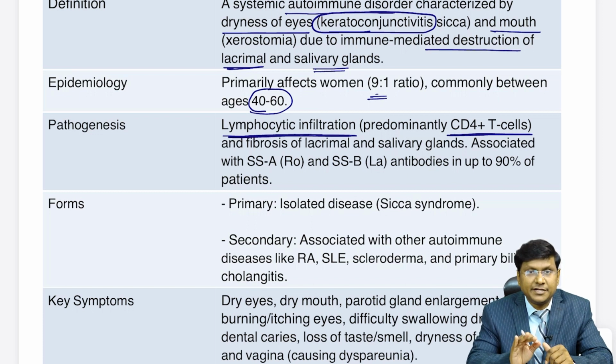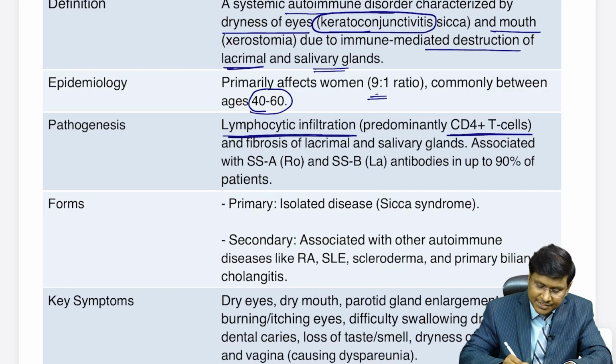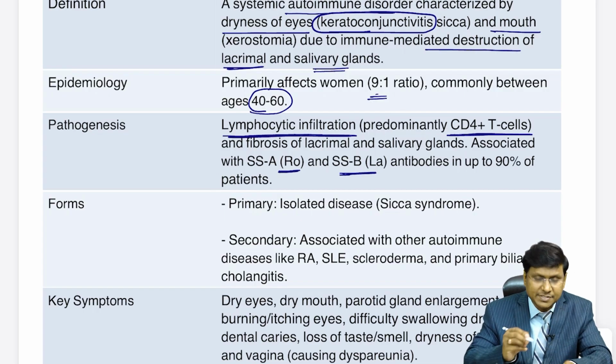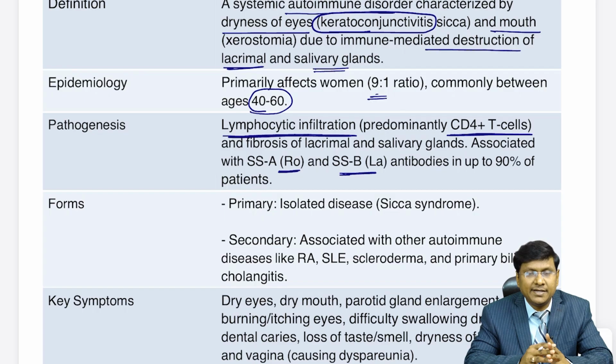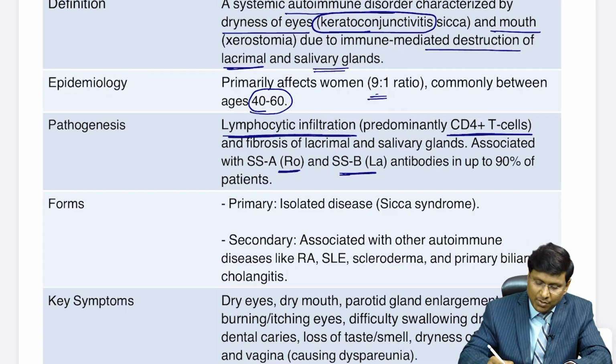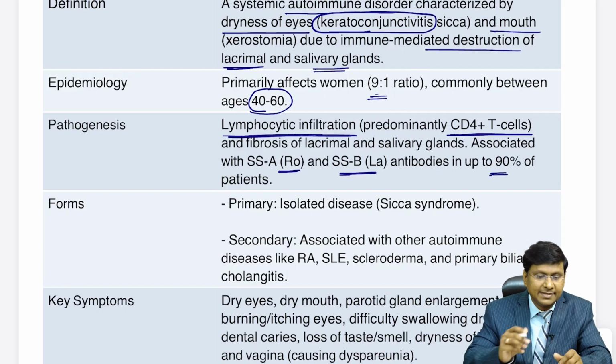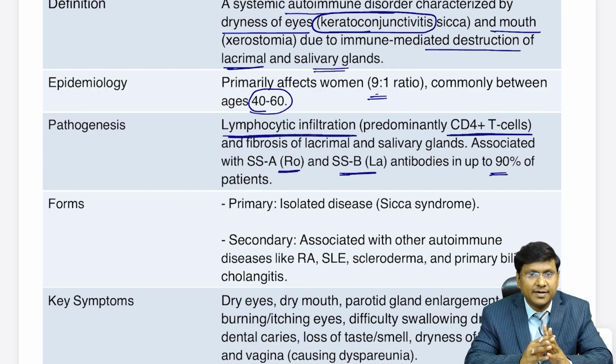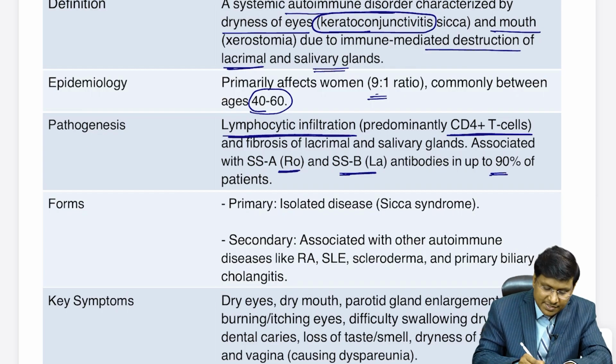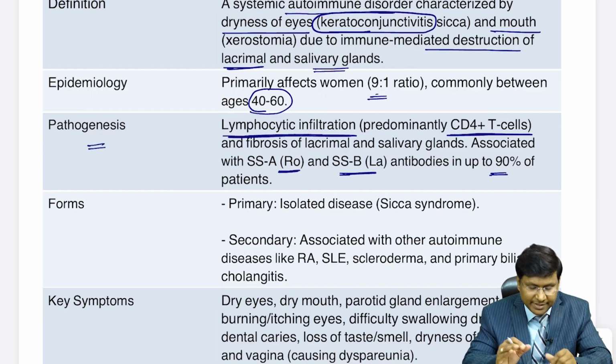And these particular lymphocytes, they produce the antibodies, that is anti-Ro and anti-La antibodies. And these antibodies are the ones which will destroy the glands. And once they destroy the glands, there will be dry eyes as well as dry mouth. So that is the pathogenesis that you observe in patients with Sjögren's syndrome.